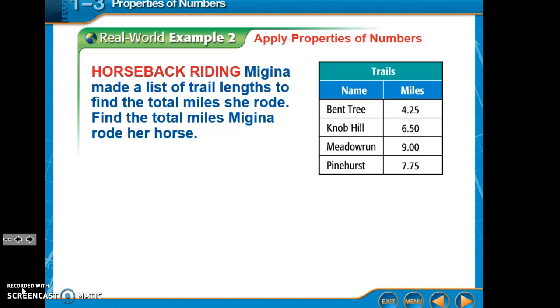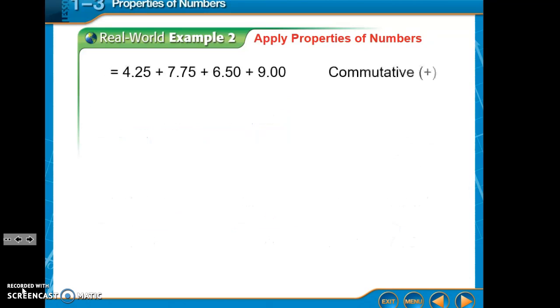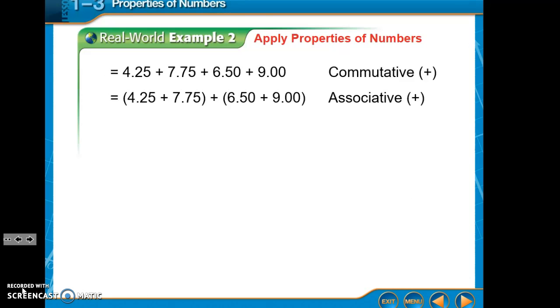Now, does it matter what order we add them up in? No. If we all started at a different one and added, we'd get the same result, as long as we added correctly. So here they have everything adding up.